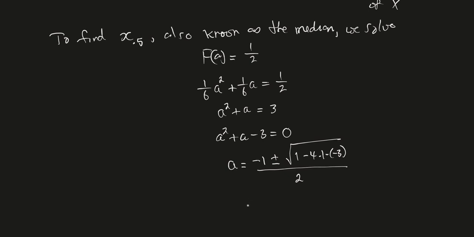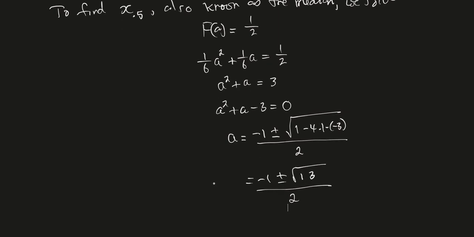Oh, another irrational number, right? And that's always going to happen when our thing isn't factorable. So we end up having 1 plus positive 12, so that's 13. And then in the denominator we have our 2. So there's no breaking this down. We already have a prime number under the square root. So that's pretty much it.